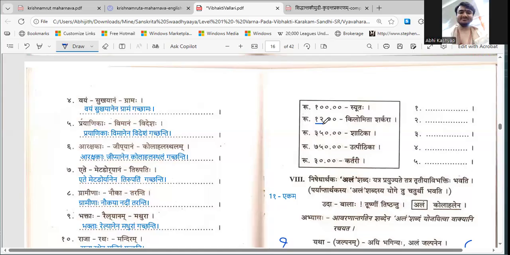So Dvadasha Rupyakaihi. Aham Dvadasha Rupyakaihi for 12 rupees. Etat kilomita sharkara. 1 kilo of sugar. Kritavan, Kritavati. Okay. Next.